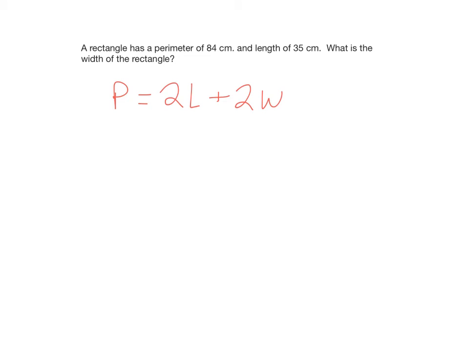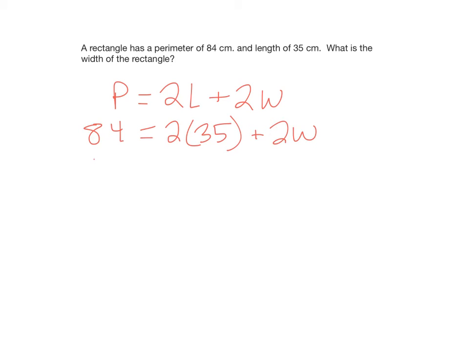So let's plug in what we know. We're given 84 centimeters as our perimeter. The length is 35, so when we substitute, remember we want to use parentheses. So 2 times 35 plus 2w. Let's solve for w here.